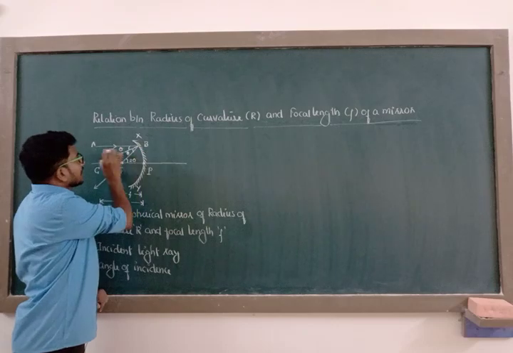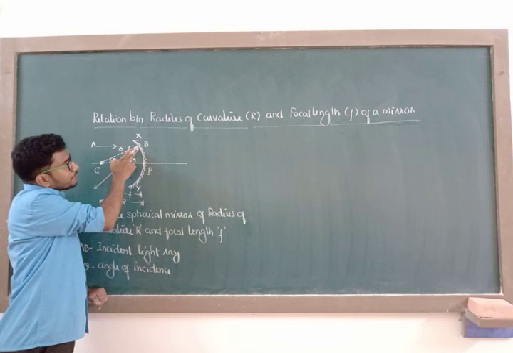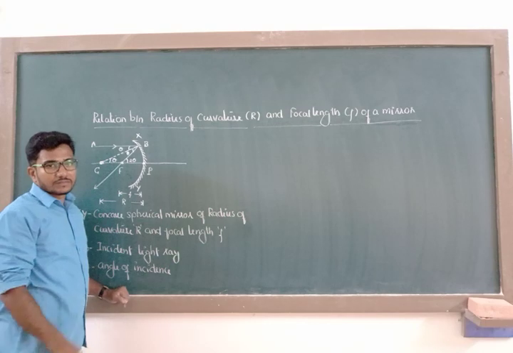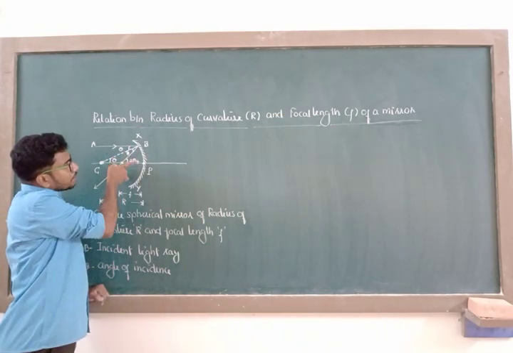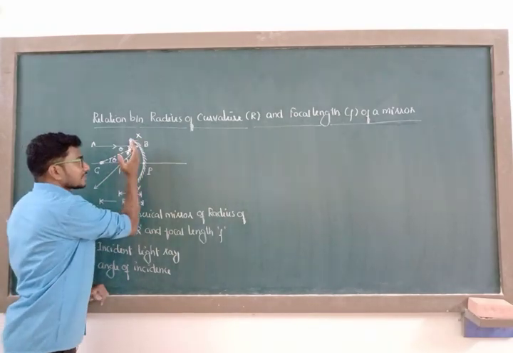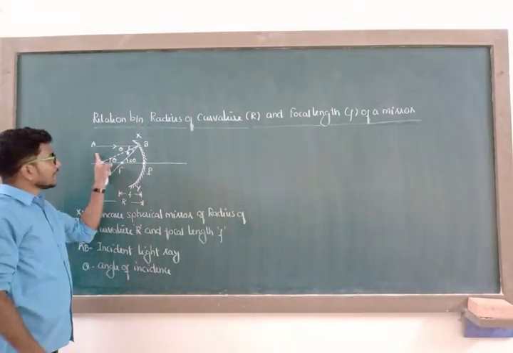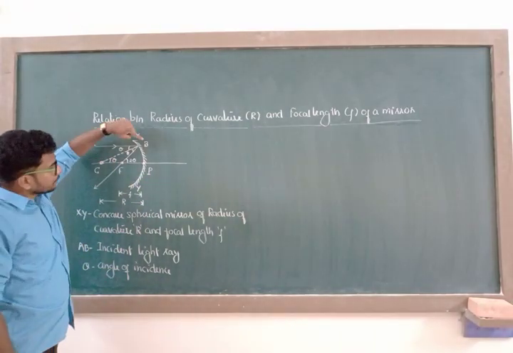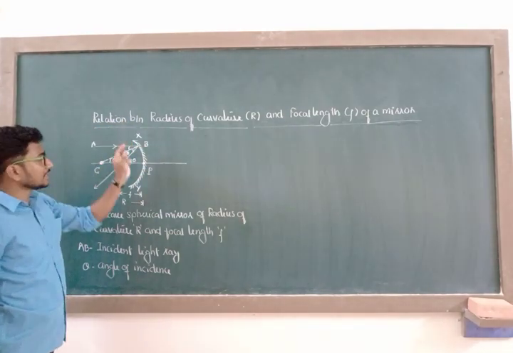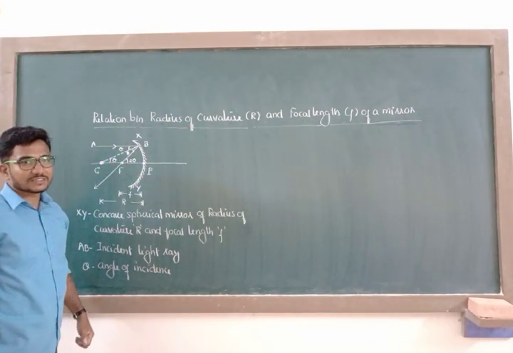For paraxial light ray, when AB is close to the principal axis, this point B is very near to P. That means here PB is considered as a straight line perpendicular to the principal axis. When AB is paraxial light ray, B is close to P and PB is considered to be a straight line perpendicular to the principal axis.